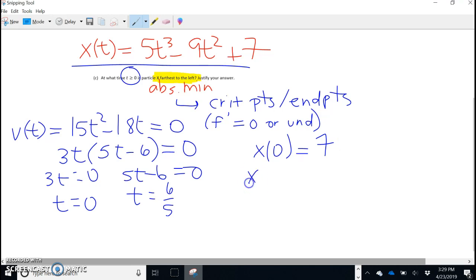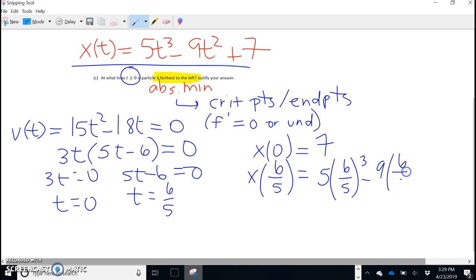And then I also want to plug in a 6 over 5 and see what happens. That's going to be 5 times (6/5) cubed minus 9 times (6/5) squared plus 7.